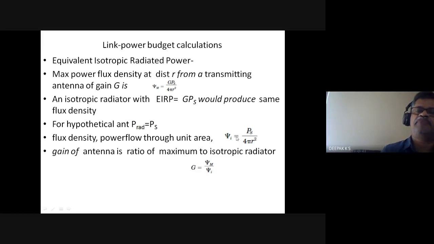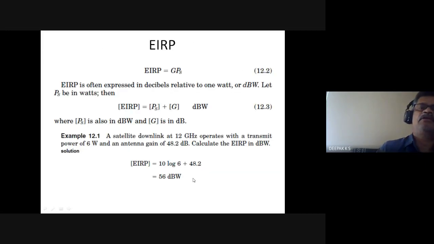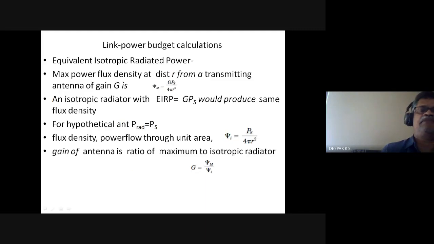So you have G. Basically, G is the power flux density of our directional antenna to the power flux density of an isotropic radiator. So effective isotropic radiated power is gain times PS.